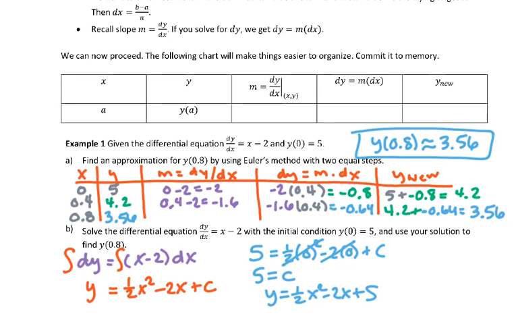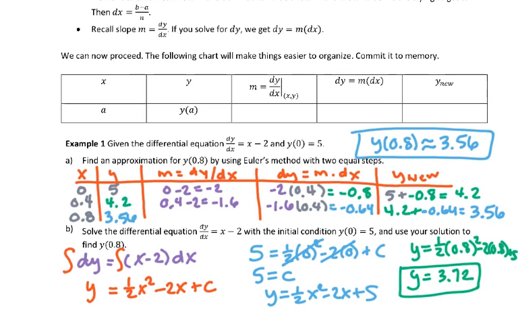Then they want us to estimate what y(0.8) is, so we can substitute that in. Whenever we do that, we're going to get 3.72. So this is the exact answer versus the estimated.